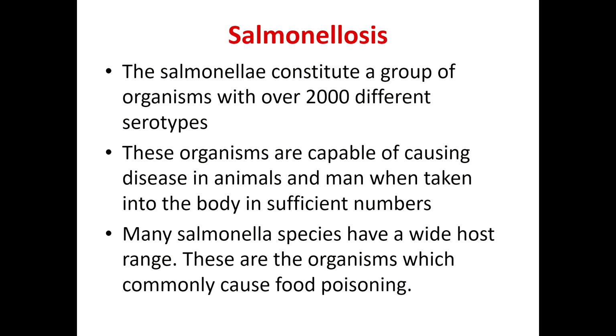First example, salmonellosis. Salmonella constitutes a group of organisms with over 2000 different serotypes. These organisms are capable of causing disease in animals and man when taken into the body in sufficient number. Many Salmonella species have a wide host range, and these organisms commonly cause food poisoning.